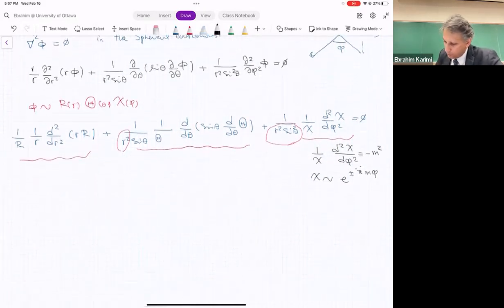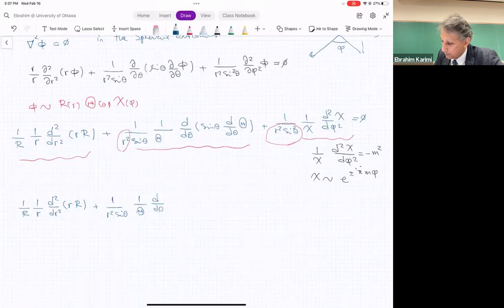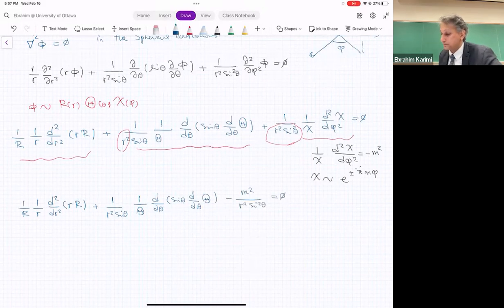Then replacing inside of the equation, we get the following expression: 1 divided by r, d2 dr square of r, plus 1 divided by r square sine of theta, 1 divided by theta capital, d theta of sine of theta, d theta of theta capital, minus m square divided by r square sine square of theta equal to 0.